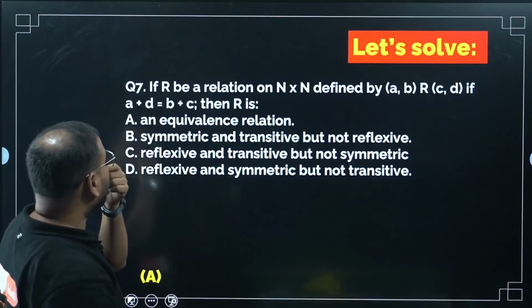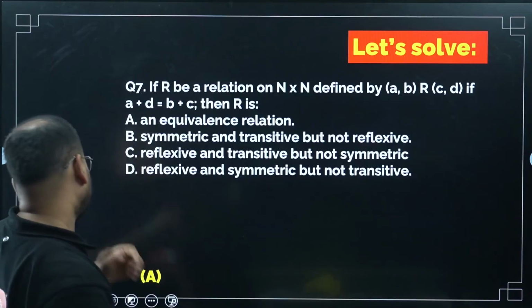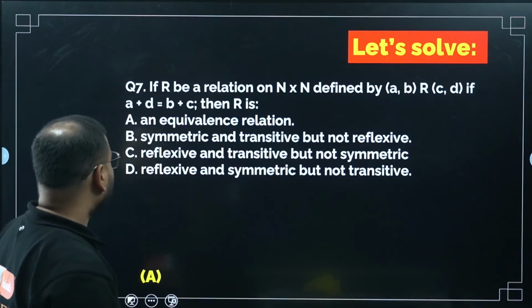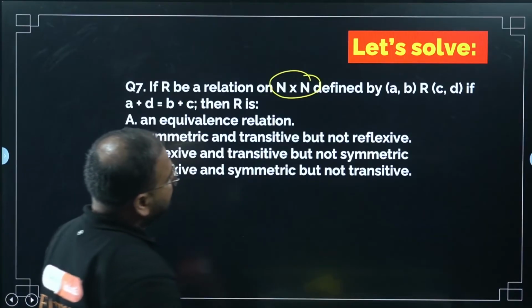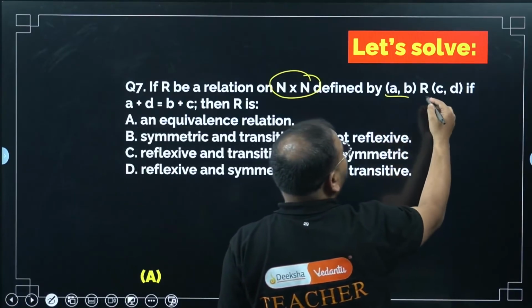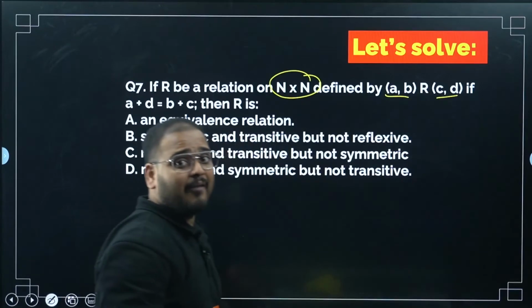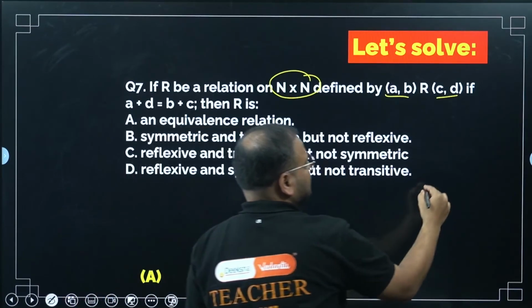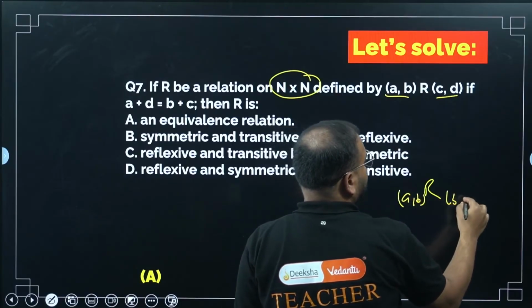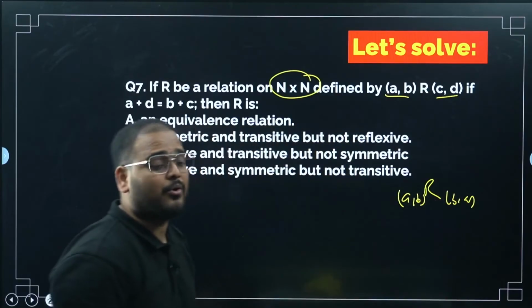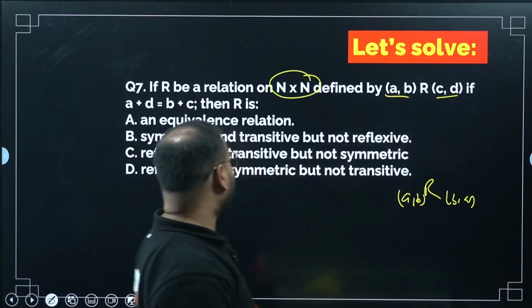If R is a relation on N cross N, meaning the relation is established on the natural number set, where (A, B) R (C, D) is there. Remember, I was writing this like A comma B and B comma A for this reason only, because an ordered pair is now coming in the relation.